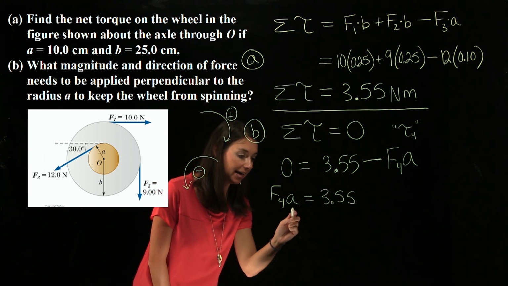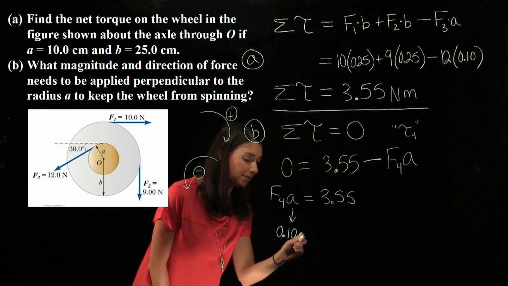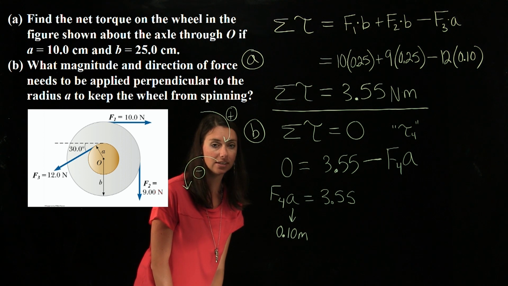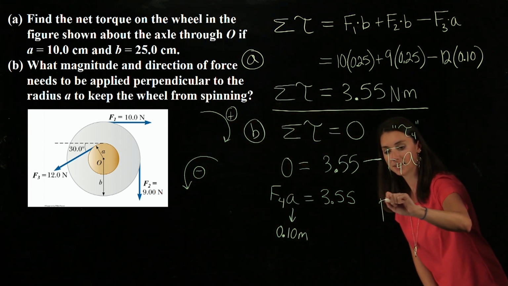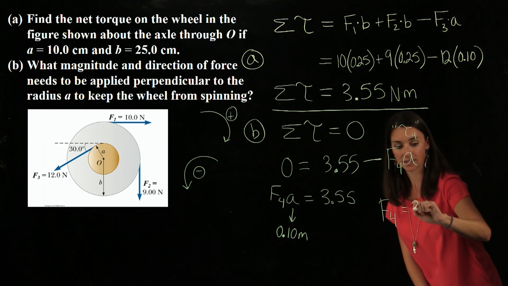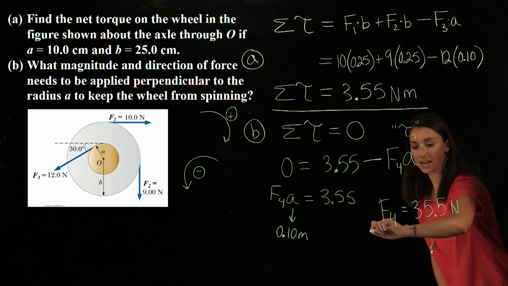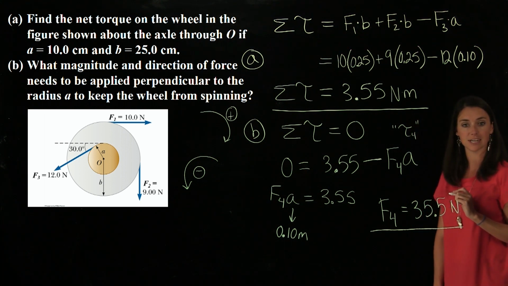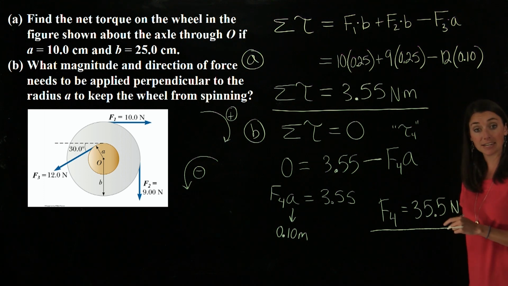And A is just that 10 centimeter radius, so 0.1 meters. If you divide 3.55 by 0.1, you get that F4, that extra force, has to be about 35.5 newtons. So that's the magnitude of it.